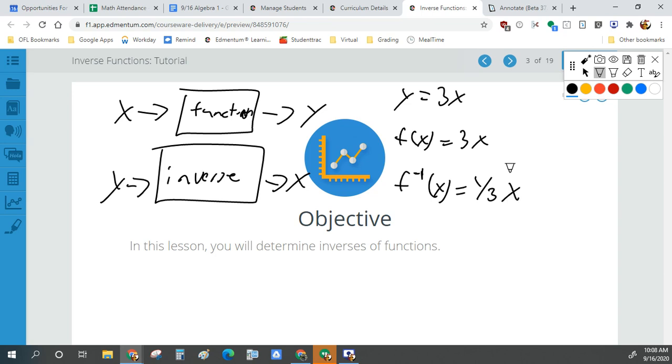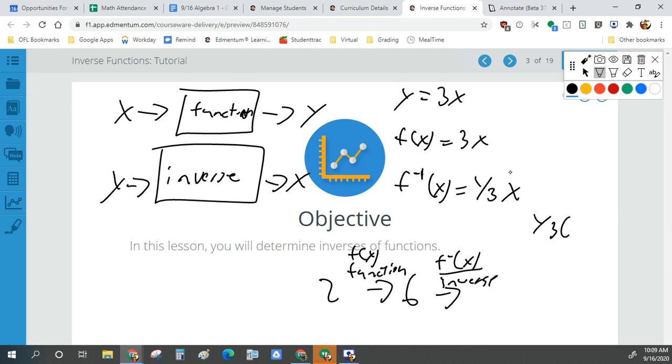So an inverse function would be something like 1/3 of x, meaning that if I had a 2, for example, and I put my 2 through my function f of x, I would get out a 6. But if I took that same 6 and put it through my inverse function, I have to take 1/3 of 6.